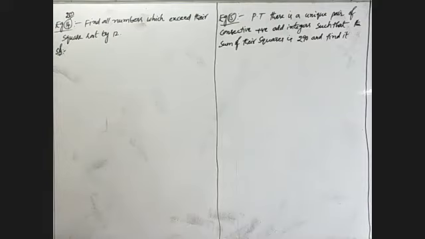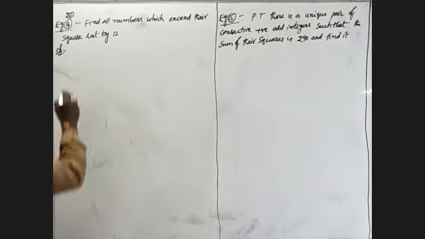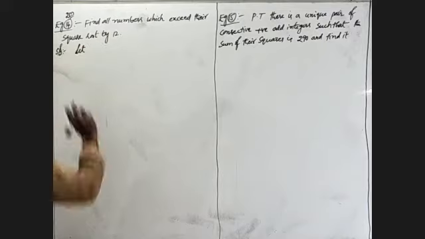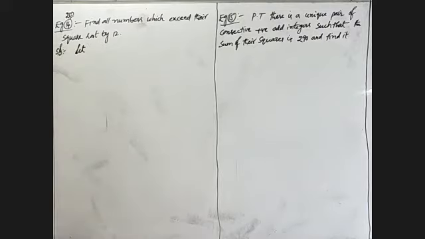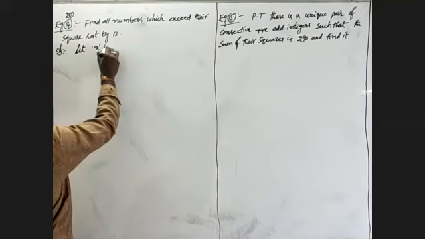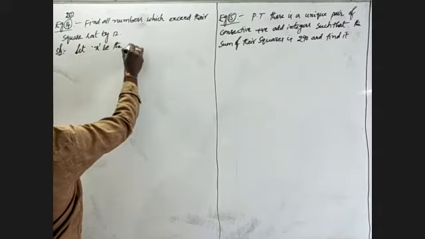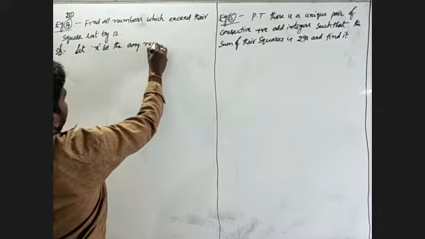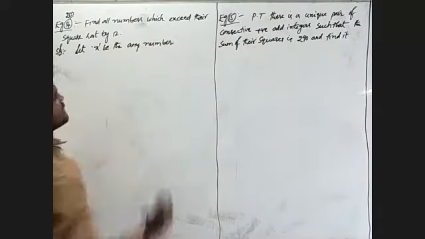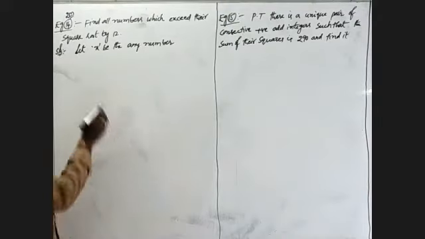What I am asking: find all numbers which exceed their square root by 12. Let x be any number. What is the given condition?